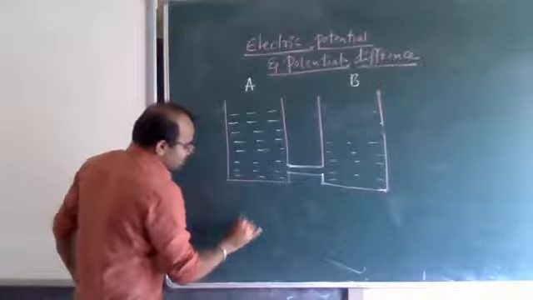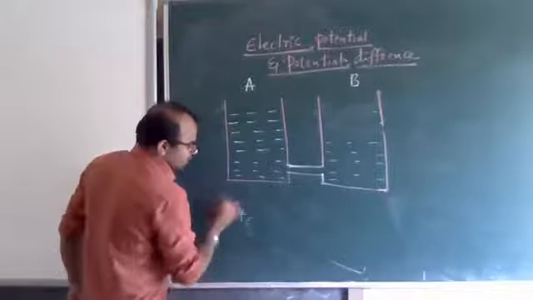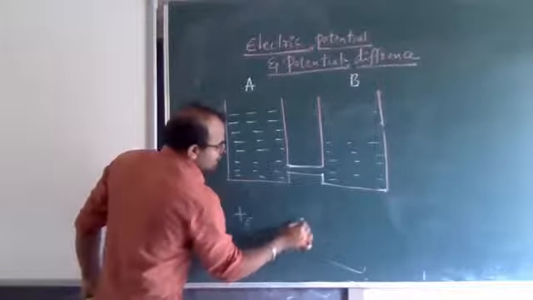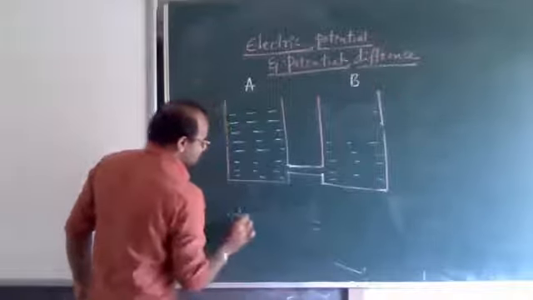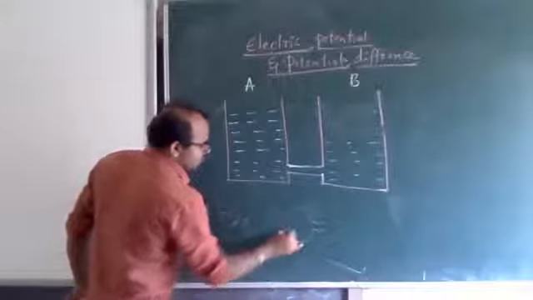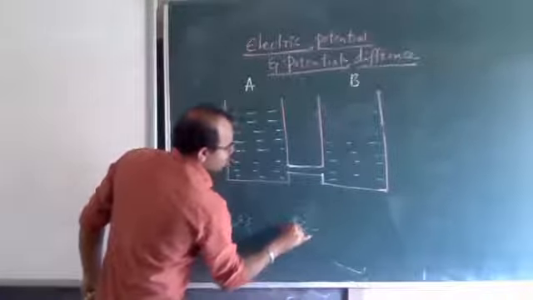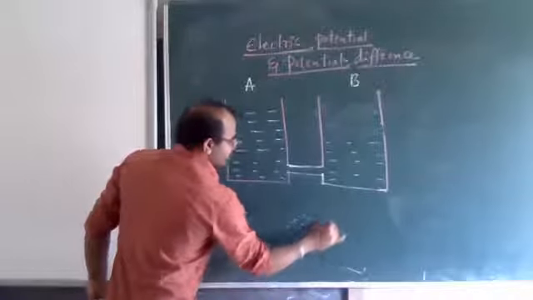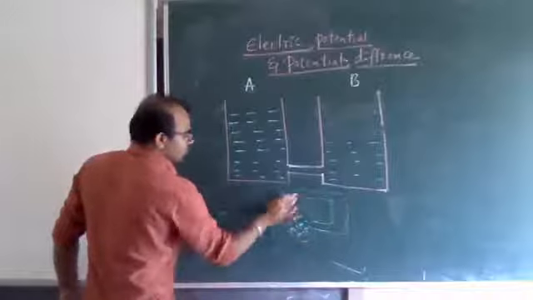At one terminal there are fewer electrons, in another terminal there are more electrons. Now these two terminals are connected by a battery, or a circuit.